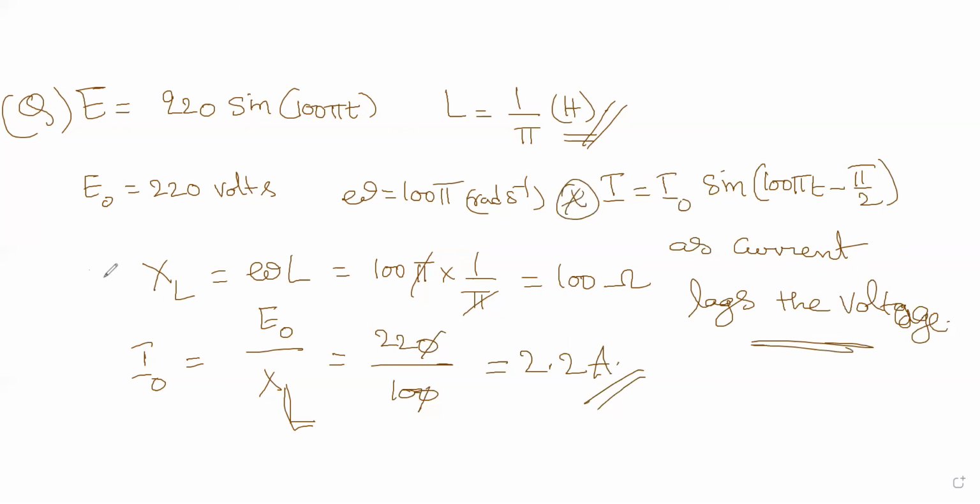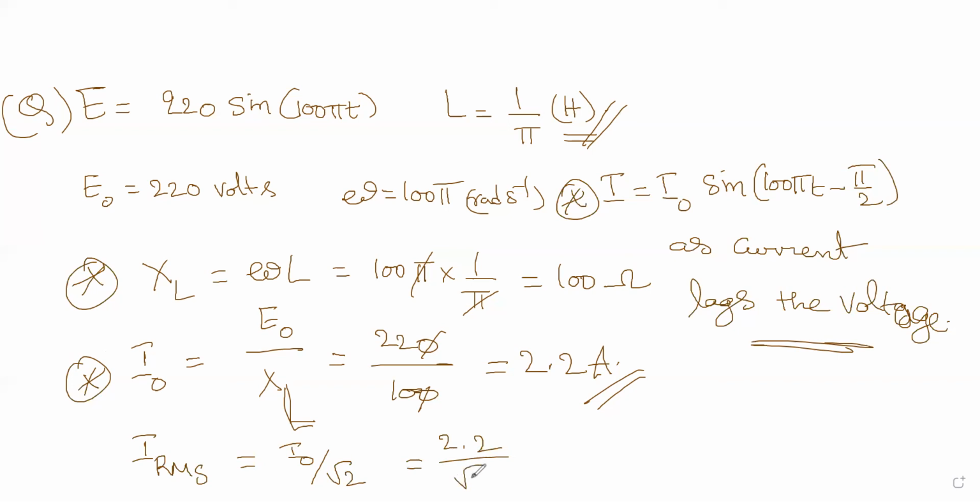These are the things I can tell you today. And the next one is IRMS, this is what they asked. IRMS is I naught by root 2. The I naught value we got is 2.2 amps, divided by root 2.